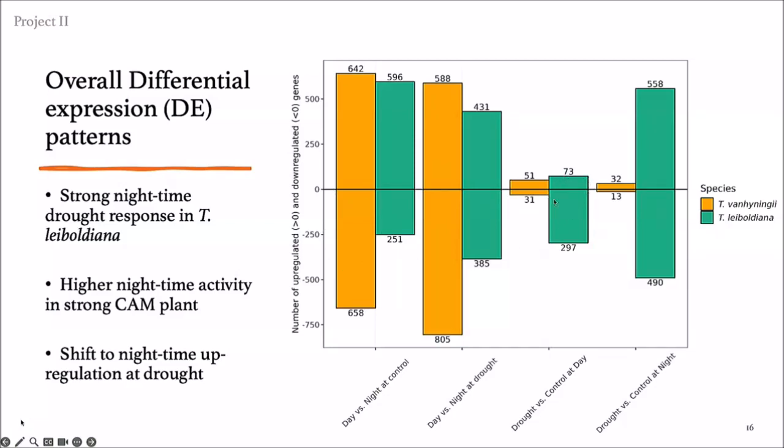It's upregulated at drought, downregulated at drought. So in our weak CAM, we have mostly upregulation at day. That's a bit more equilibrated between the two time points in the CAM plant. And it seems to be shifting in both plants towards more upregulation in drought conditions at night.